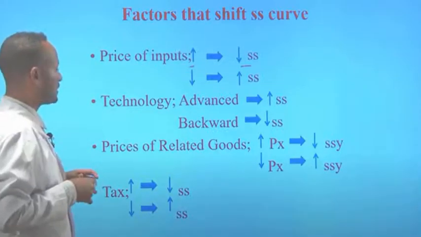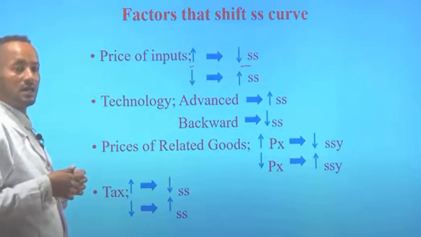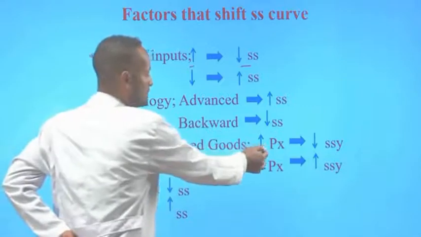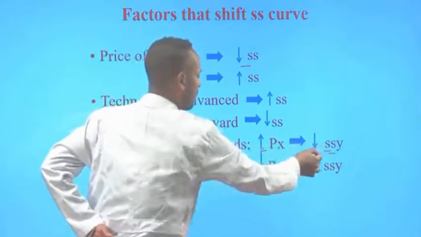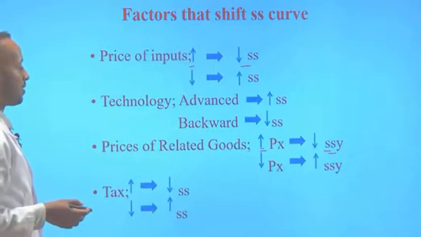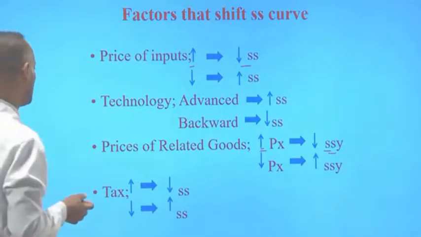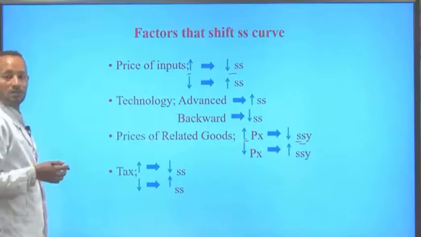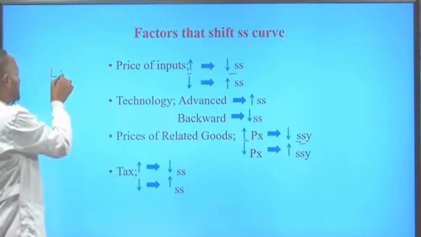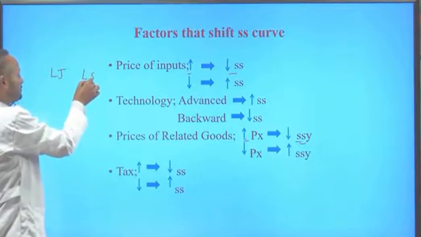Price of related goods is another determinant. If a firm produces two goods X and Y, a rise in the price of X will decline the supply of Y, and a fall in the price of X increases the supply of Y. For example, Elico produces two commodities, leather jacket and leather shoes.